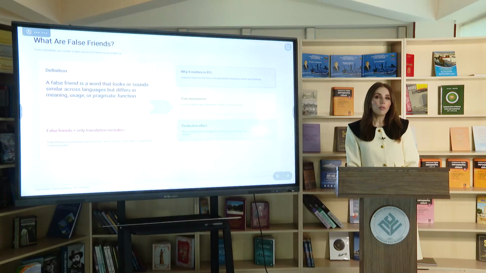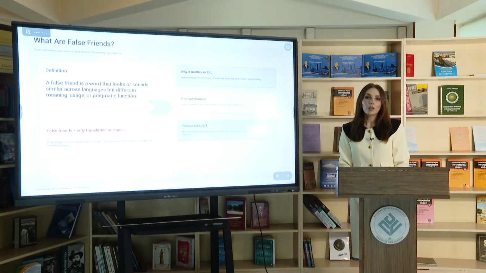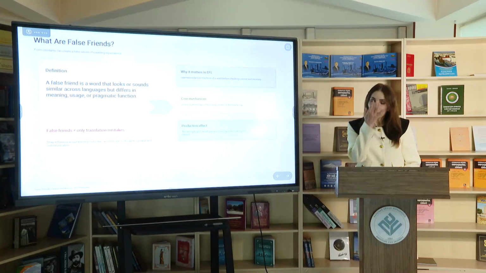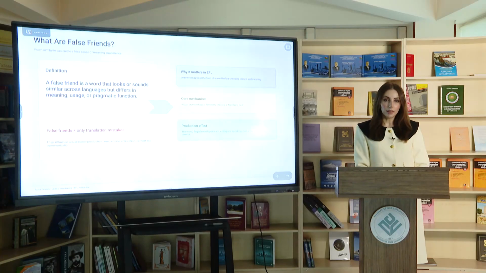These words are familiar looking, and it means students often transfer the meaning from their native language into English or other languages they know. In some cases it is useful, but it also leads to misunderstandings.